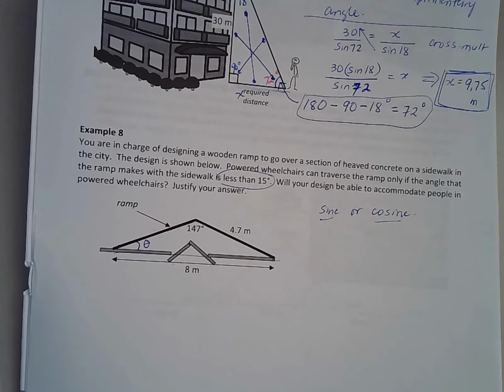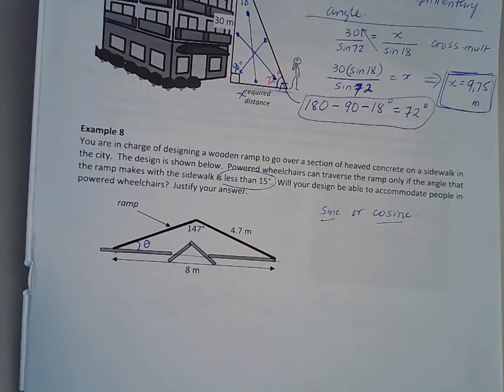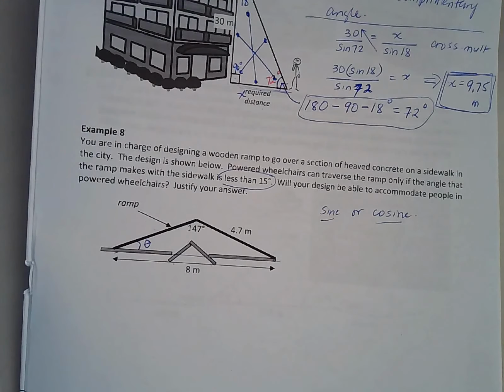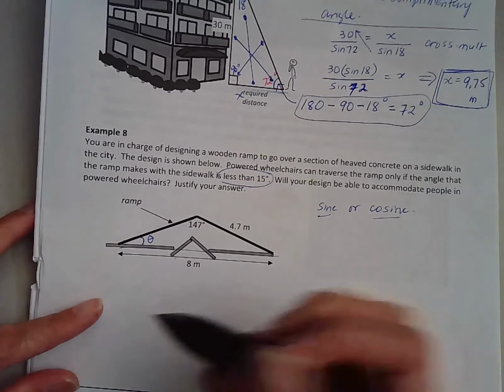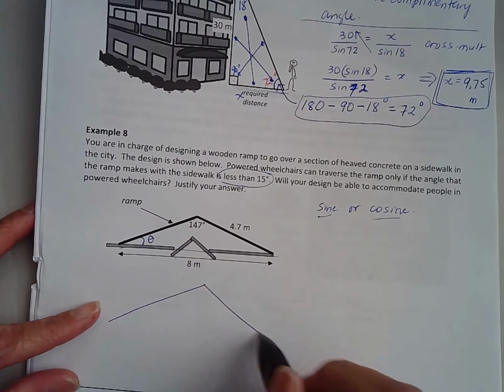So it's something that we can't really assume at the moment. They look like they're both 4.7, but might not necessarily be. So can we use a sine or cosine? I'll redraw it.